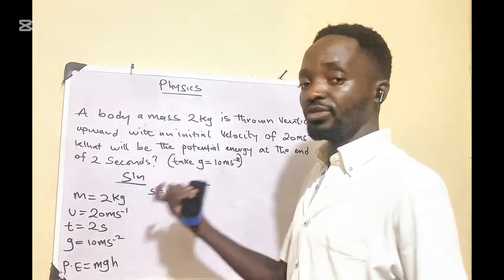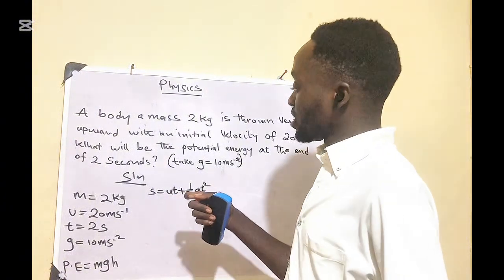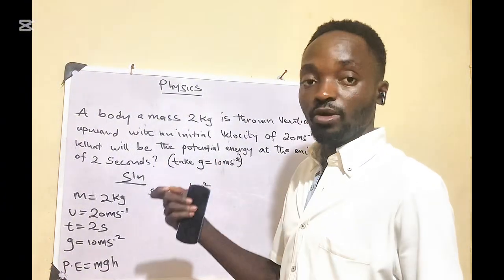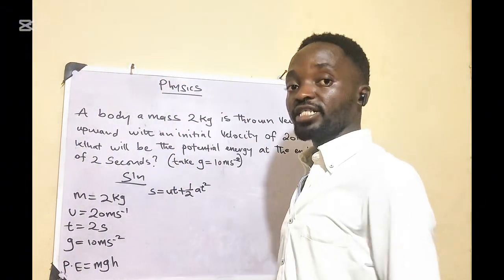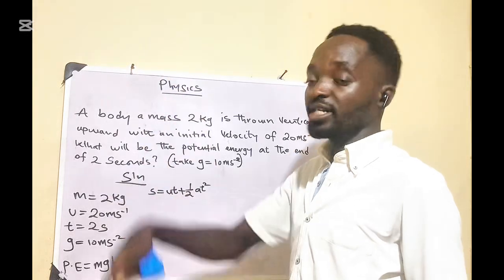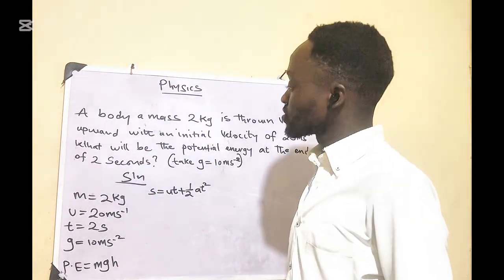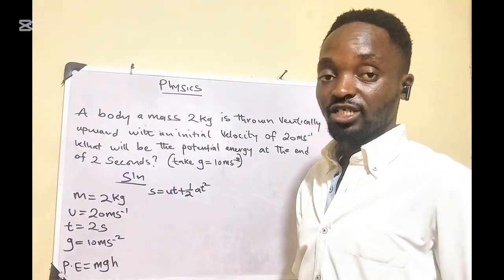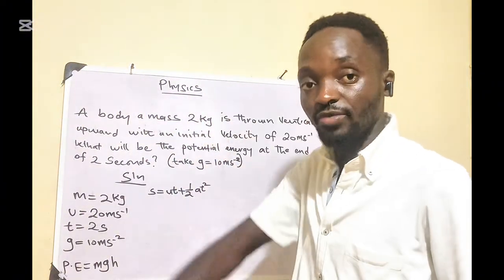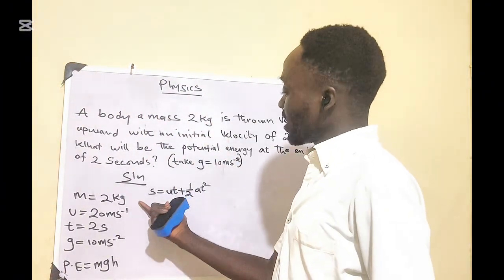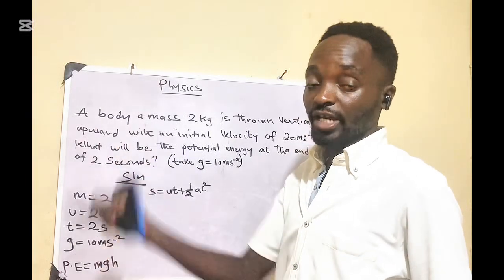But now one thing you need to know is that when we are talking about the motion of a body that is either vertical, either going up or going down, the values of s and a are going to change. When something is thrown vertically up or is falling down, we are talking about height now.